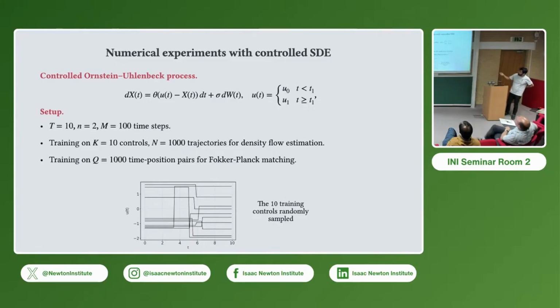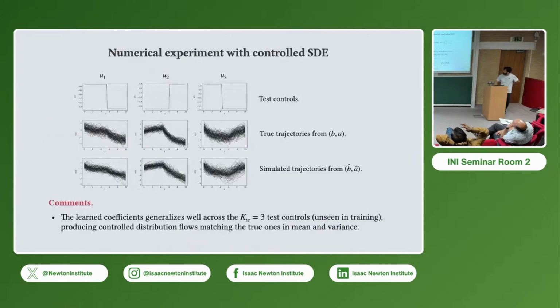I sample 10 controls, and I sample 1,000 trajectories for each control, and the hope is to be accurate on any control of this parameterized space of controls.